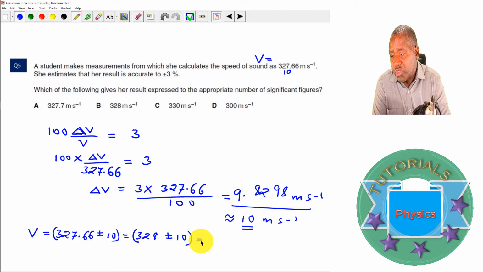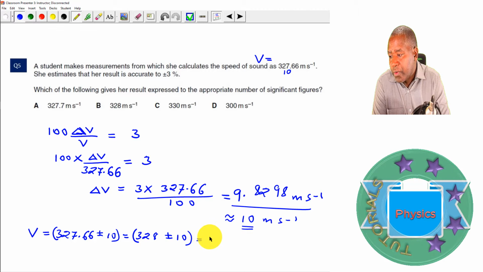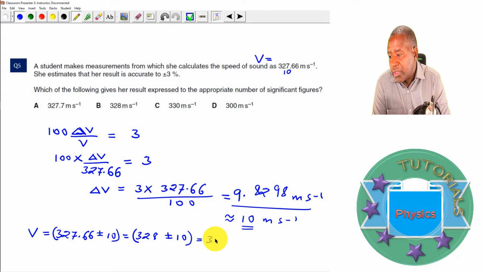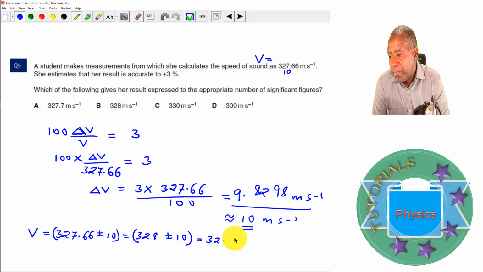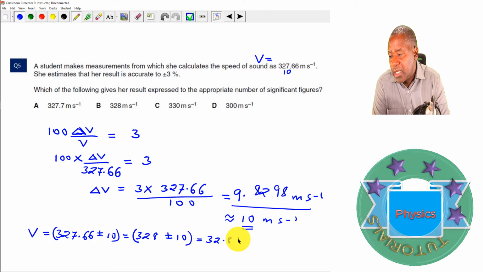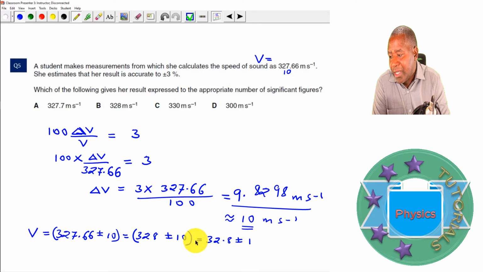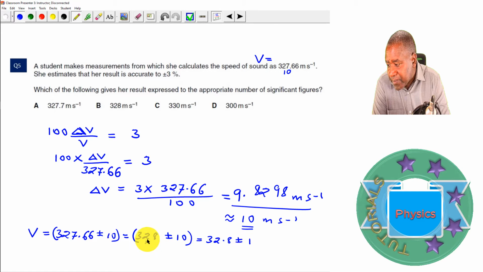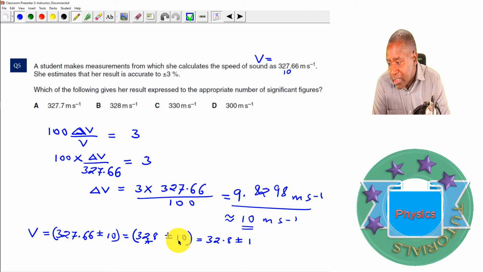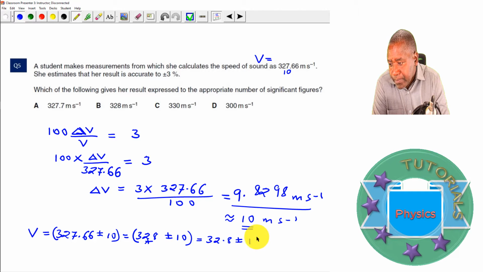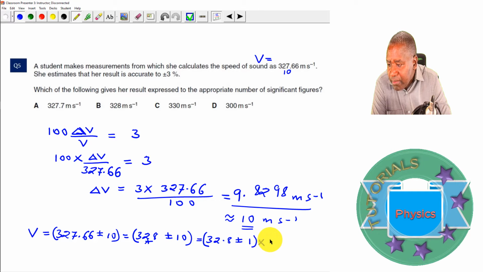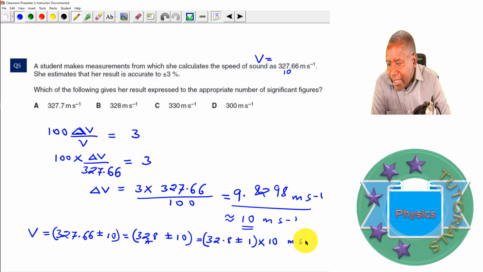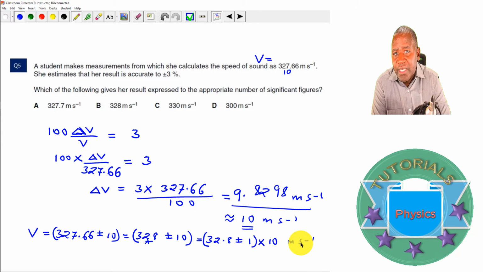We need to make it to be to 1 significant figure. So this one is going to be 32.8 plus or minus 1, because this one here affects this digit here. That one affects that one. This is by 10 raised to 1, which we hardly write down, meters per second.